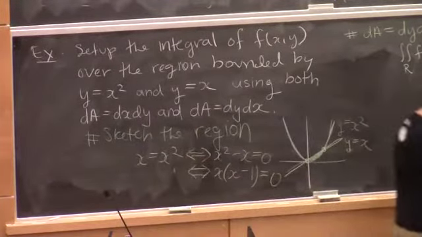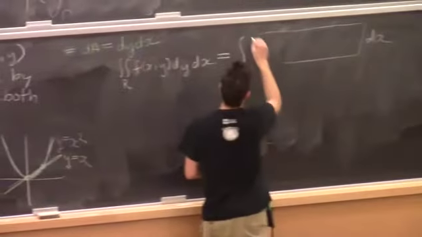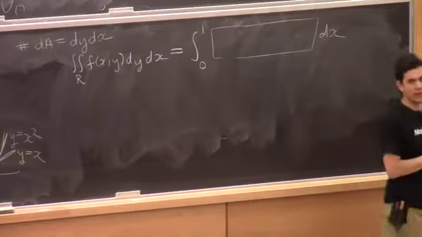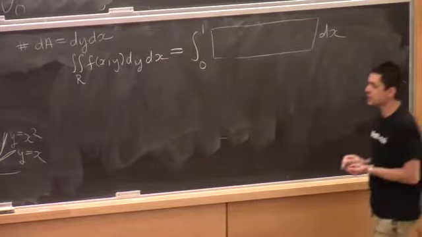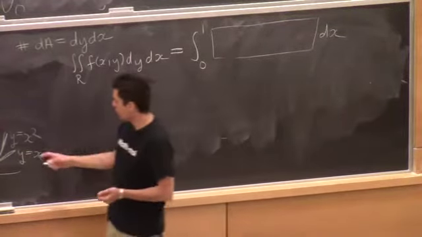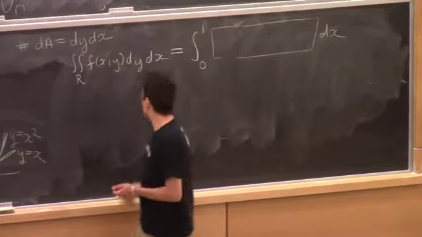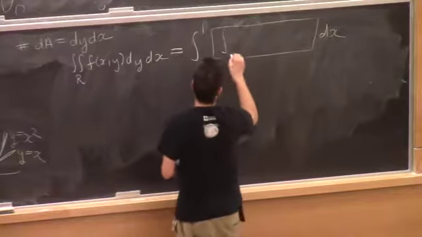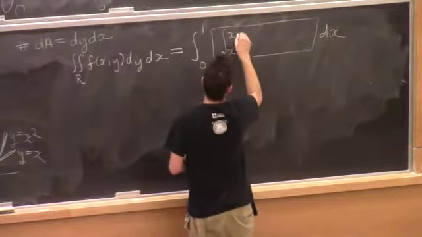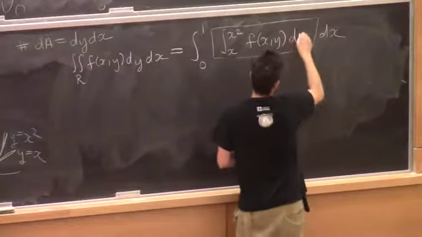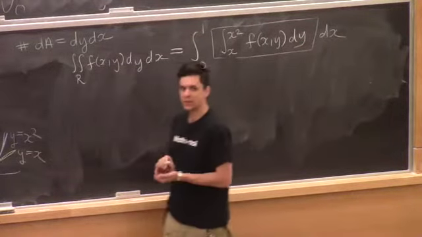Okay, so our bounds of integration here will be between 0 and 1. And our region is set up in such a way that it looks y simple. We've got these two bounds on the y coordinates here. So we'll put in those bounds. And we get that guy.